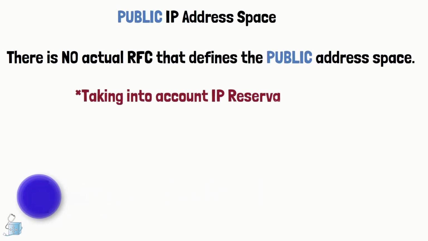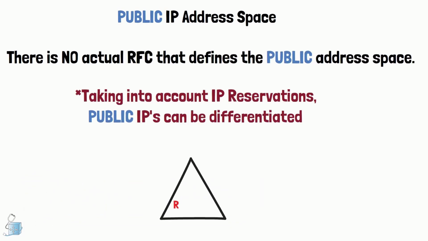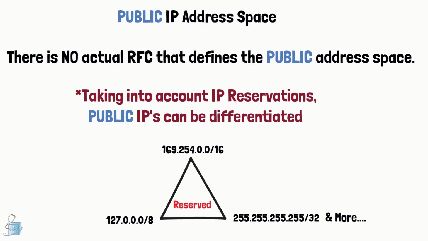Now, truth be told, when it comes to public IP address space, there is no RFC that defines the public IP space like the private IP space. But we can take into account the IP reservations from the IPv4 address space, and the rest we can roughly conclude is the public IP address space.